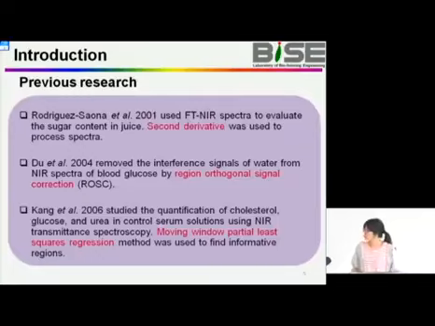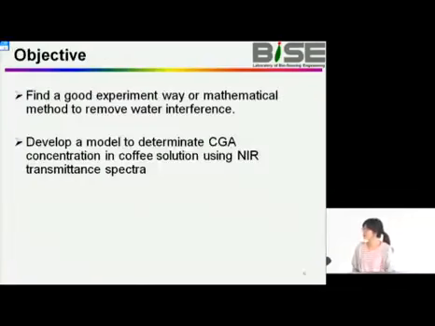And the moving window partial least square regression method was used to find the informative spectra from the NIR spectra of serum solution. So the objective of my research is to find a good experimental way or mathematical method to remove the water interference, and also develop a model to determine CGA concentration in coffee solution using NIR transmittance spectrum.